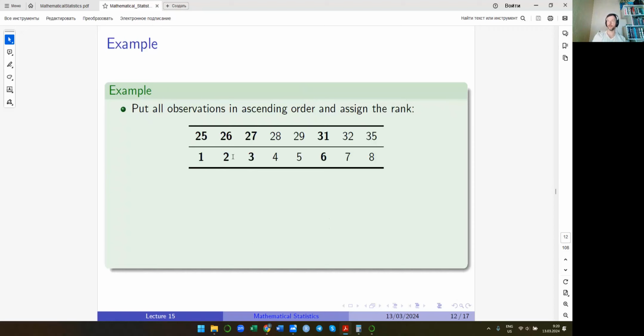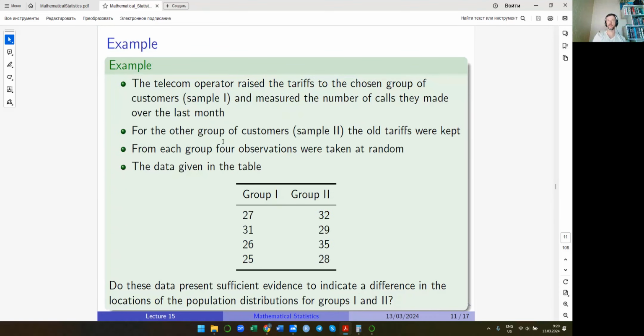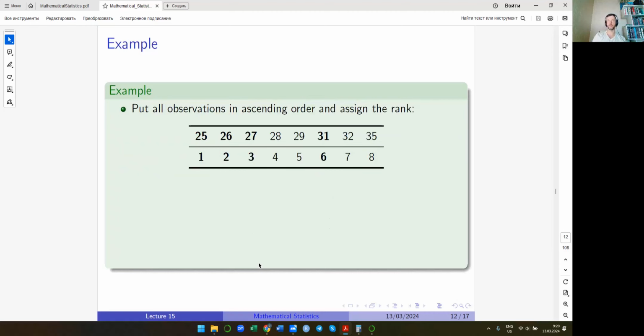With the bold, I marked the observations from the first group, and with the usual font, the observations from the second group. And look, here is the rank: 1, 2, 3, 4, 5, 6, 7, 8. So that is the position of every number in this ascending ordered string of numbers.